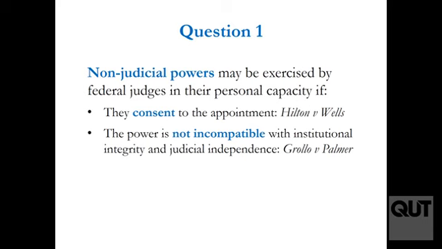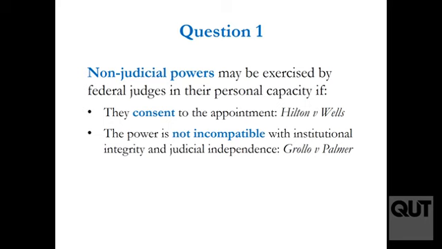This is known as the persona designata rule. Non-judicial powers can be exercised by federal judges if they consent to the appointment. The authority for that is Hilton and Wells. We do not have any facts to suggest otherwise, so I think that would be okay.